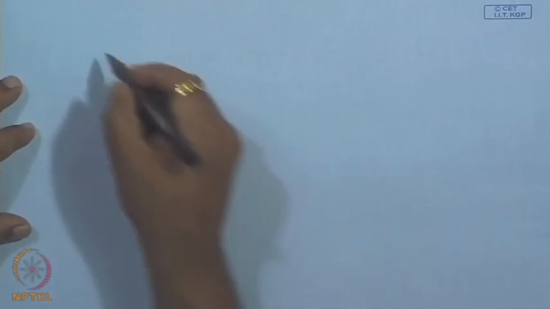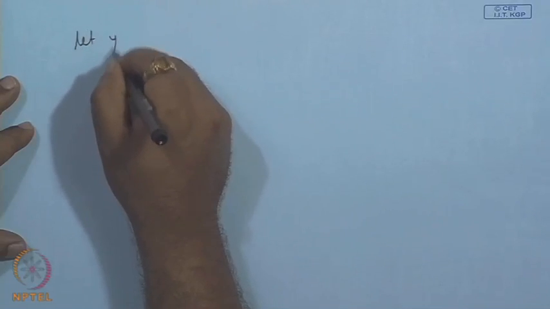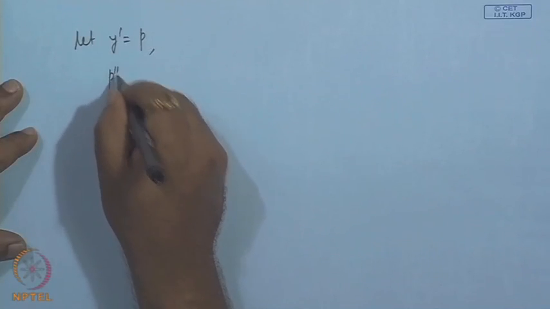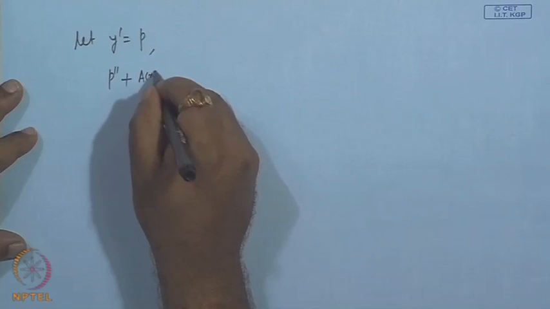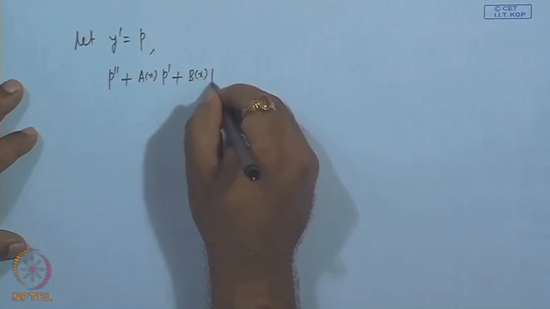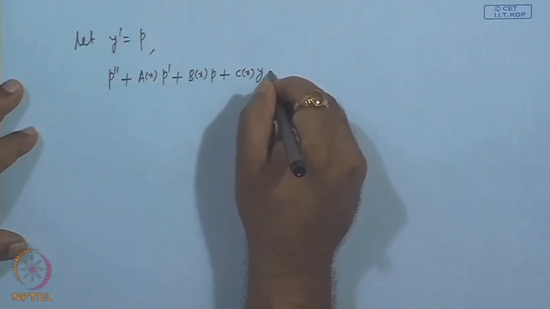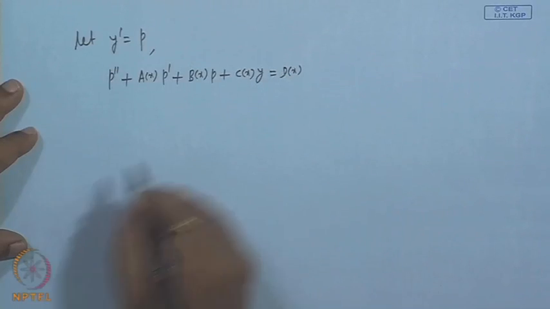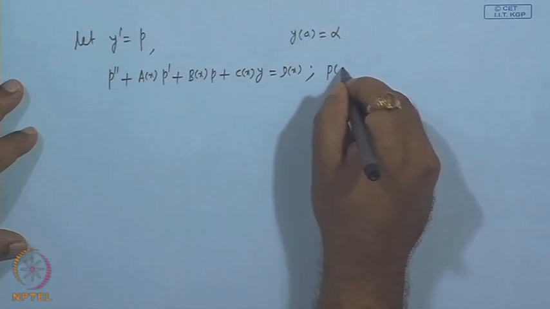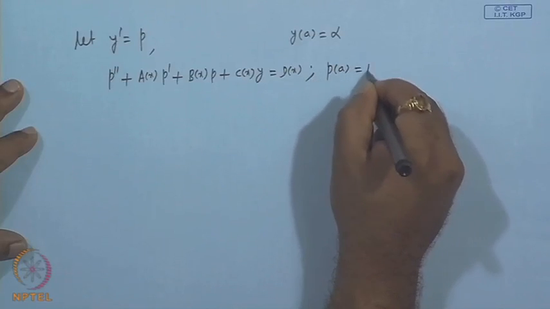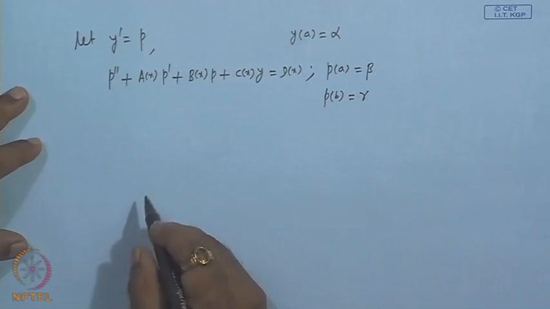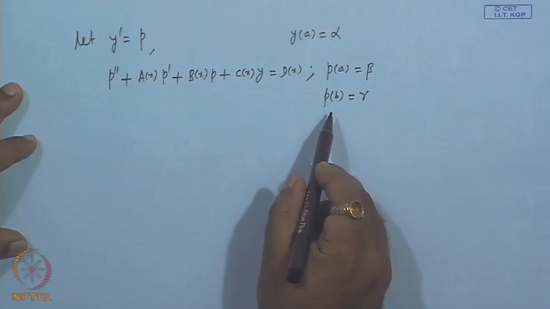So, we use this, let y dash is p, then we get the equation and correspondingly y of a is alpha and p of a is beta and p of b is gamma. So, that is how our system gets reduced.